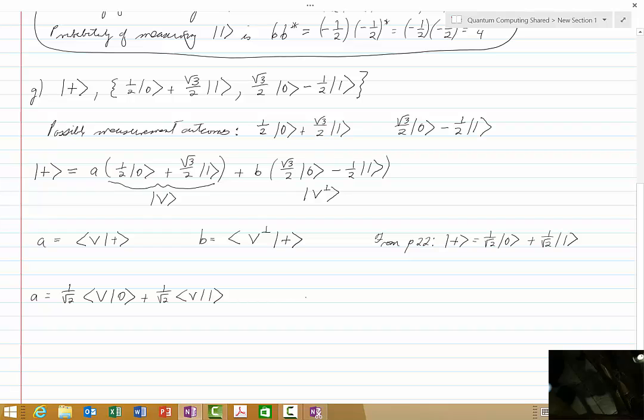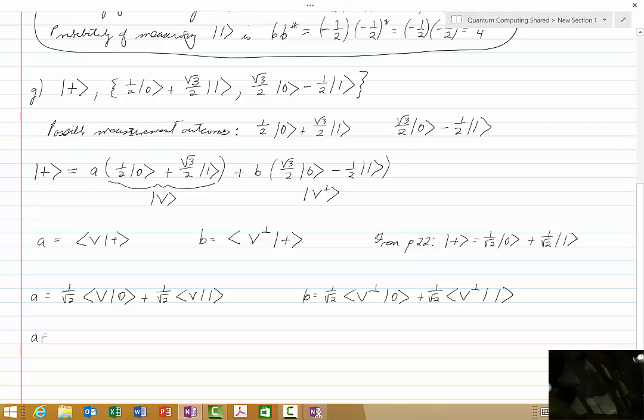And similarly for B, we will get 1 over square root of 2 times the inner product of V orthogonal with 0 plus 1 over square root of 2 times the inner product of V orthogonal with 1.